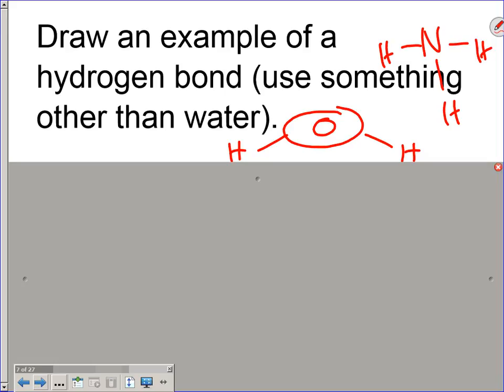So I've drawn what here? NH3. Ammonia, okay? Ammonia has 2 dots up there, meaning a pair of electrons. Water has 2 Mickey Mouse ears of electrons. Where would this attract on my ammonia? Would it attract to the nitrogen or to the hydrogens?